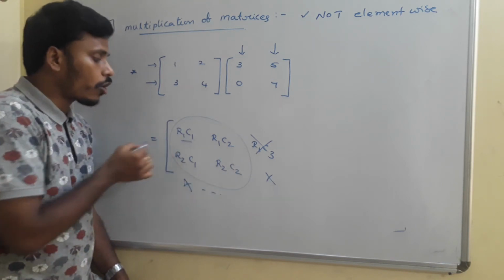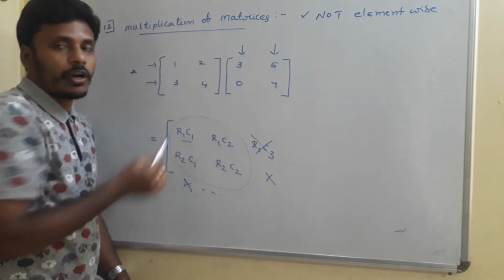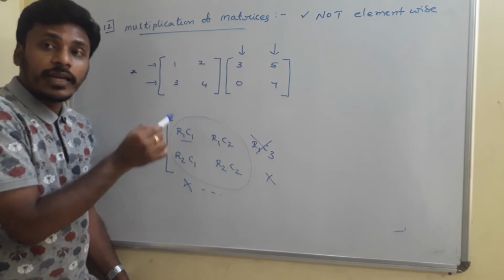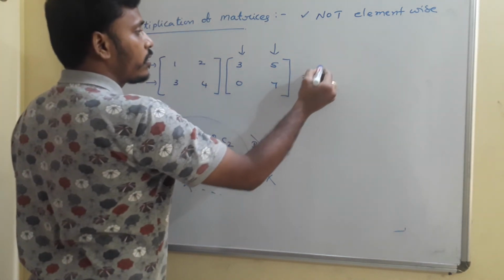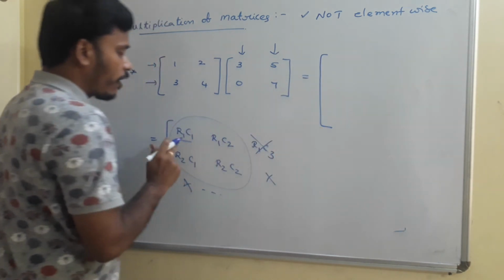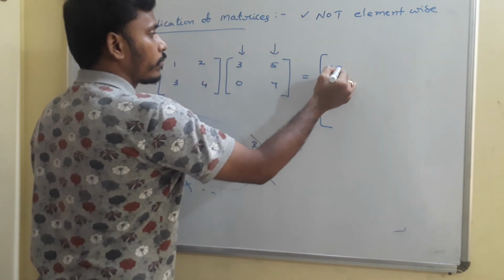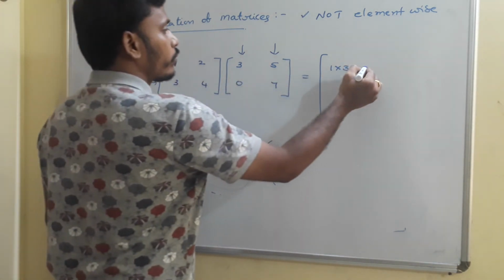And what to say about R1 C1? R1 C1 is this first row and this first column. To calculate this R1 C1 value, it is the sum of the products of the corresponding elements. Once again look there: 1 into 3 plus 2 into 0.